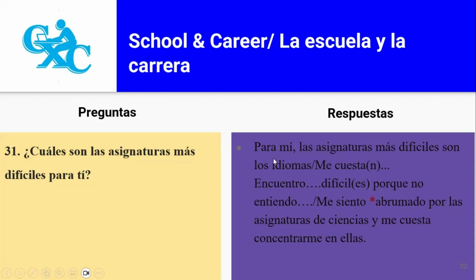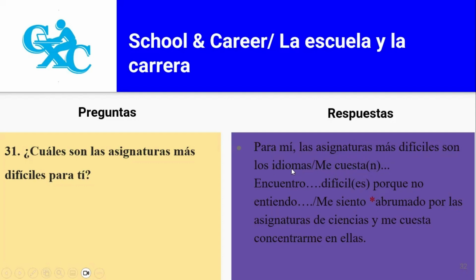That's an expression we can use. Las asignaturas más difíciles son los idiomas. Me cuestan. In this case, me cuestan, if you're going to say los idiomas, all right? Or you can say, la asignatura más difícil es, por ejemplo, el inglés. Porque me cuesta, all right?